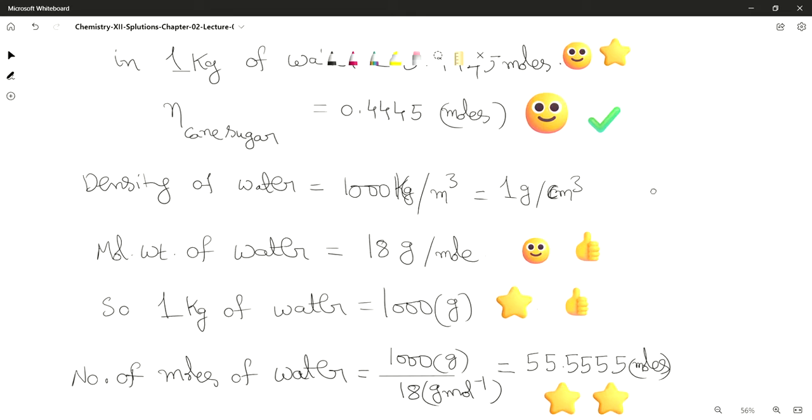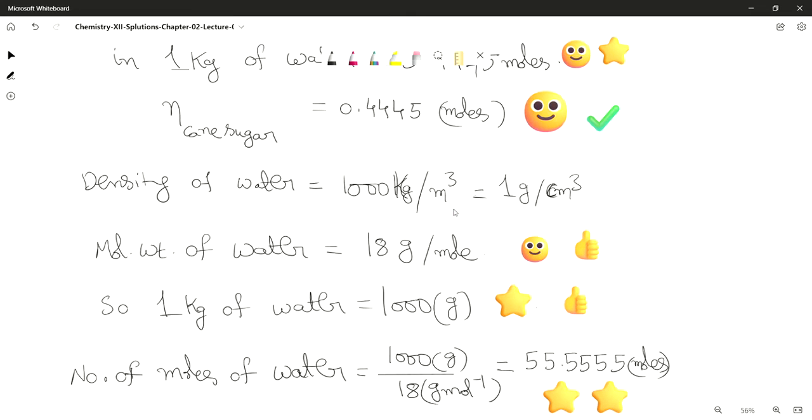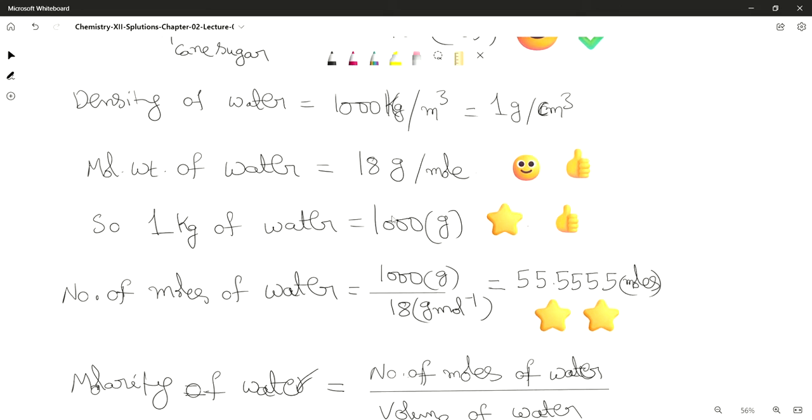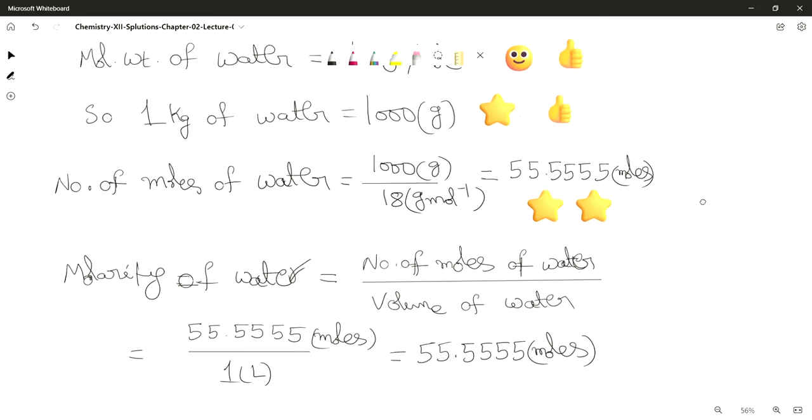And the density of water is 1000 kg per meter cube. That means 1 meter cube of water will weigh 1000 kg, or 1 gram per cc is another way of expressing the density of water. The molecular weight of water is 18 gram per mole, and 1 kg of water is about 1000 grams. This is one important funda which you all have to know.